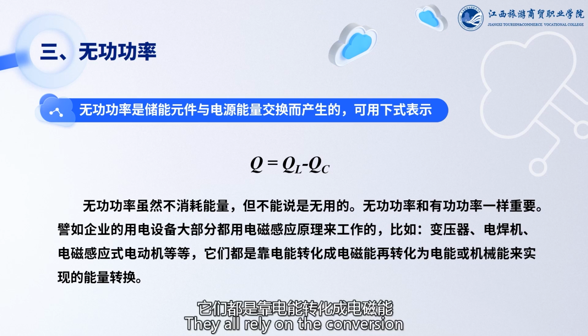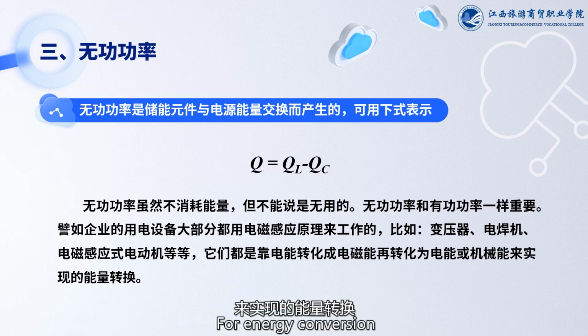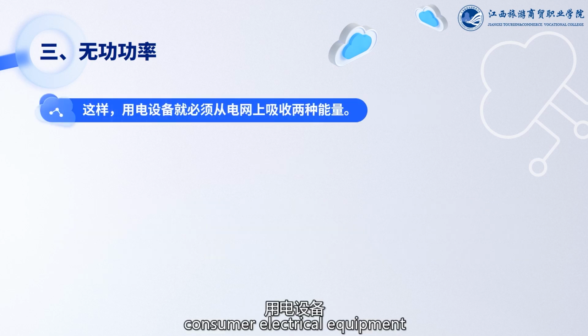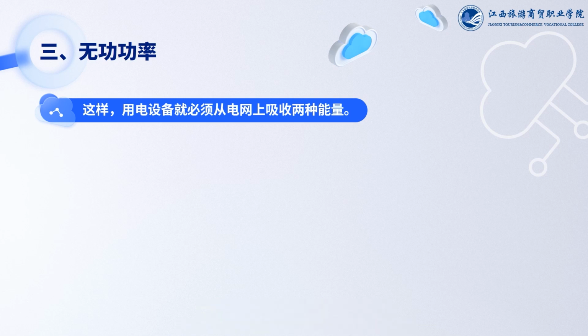They all rely on the conversion of electrical energy into electromagnetic energy, which is then further transformed into electrical or mechanical energy. For this energy conversion, consumer electrical equipment must absorb two kinds of energy from the power grid.